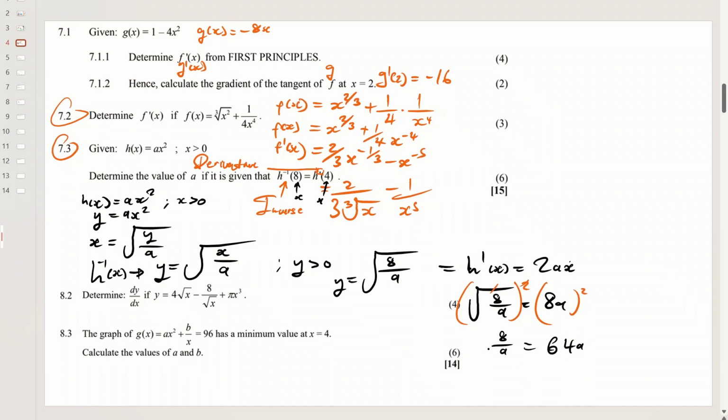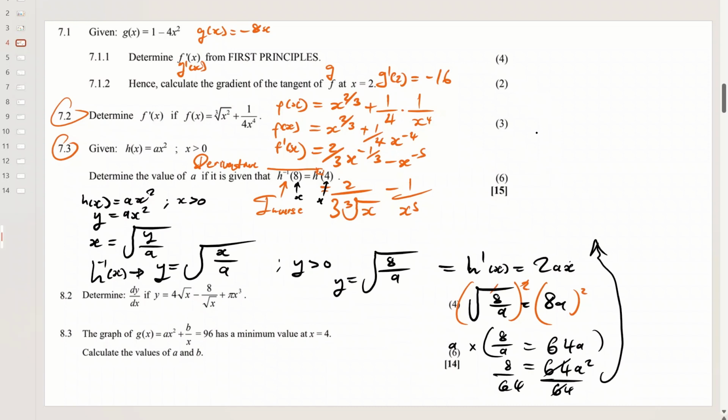So now to solve for a, guys, you can simply multiply both sides by a. So the a and the a here will cancel, and that 8 into 64a squared, like that. And then to solve for a here, you'll divide both sides by 64, and then the 64 and the 64 cancel.